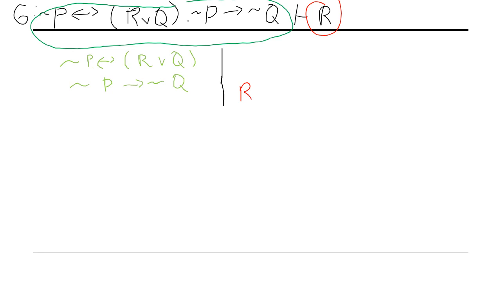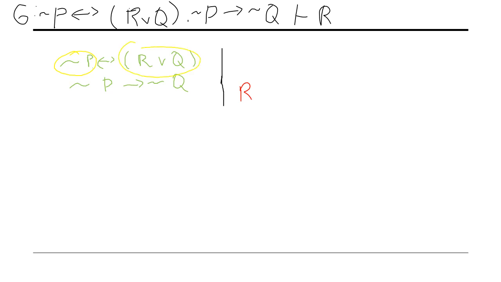So let's just start with our first premise. What is our main operator? Well, we have this tilde attached to this P. We have a set of parentheses, so it's got to be the double arrow. So what makes a double arrow true is wherever both of them match.